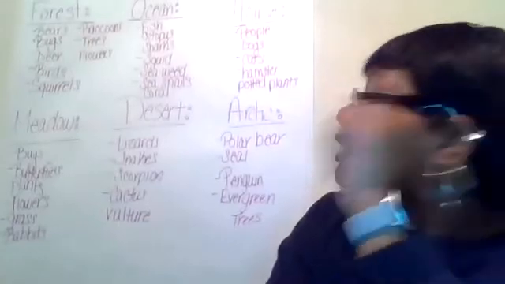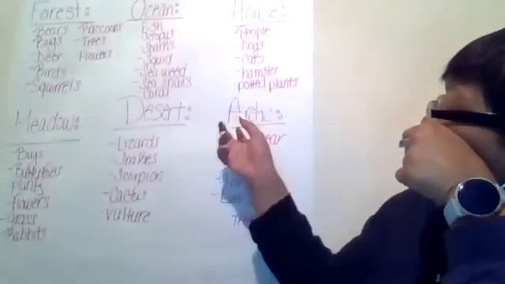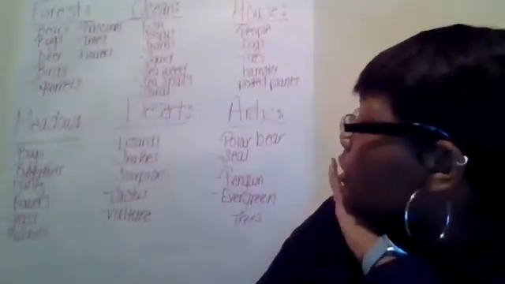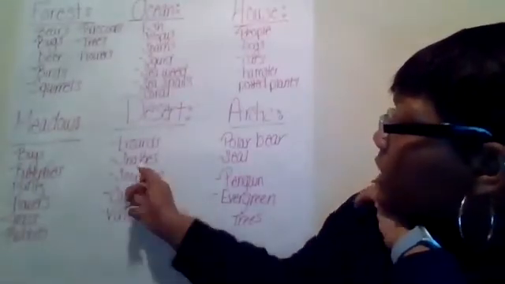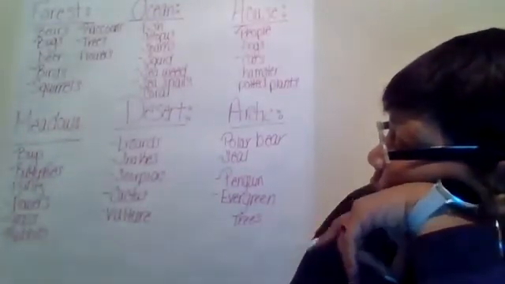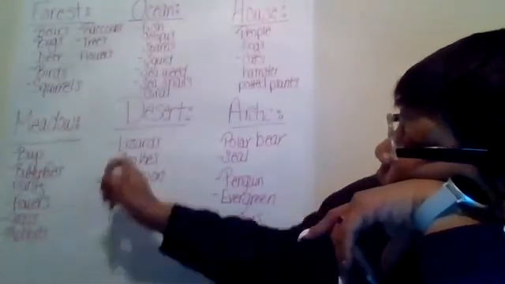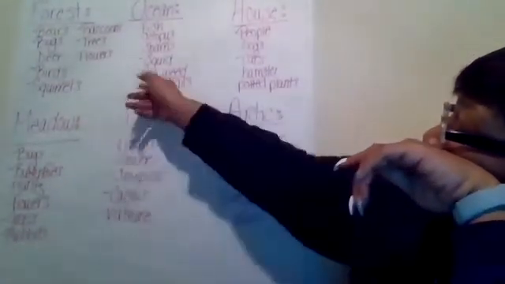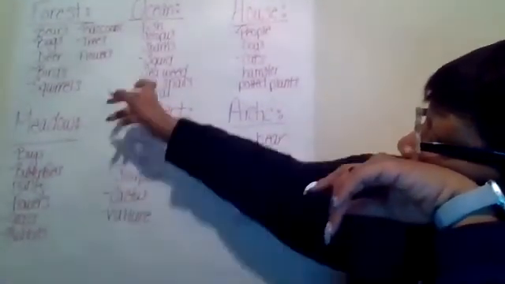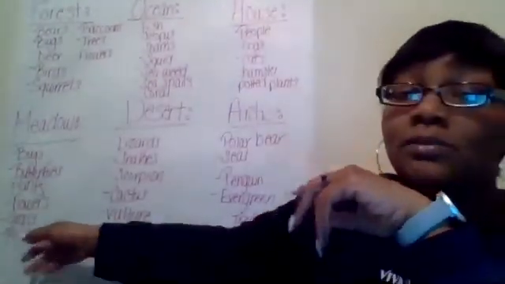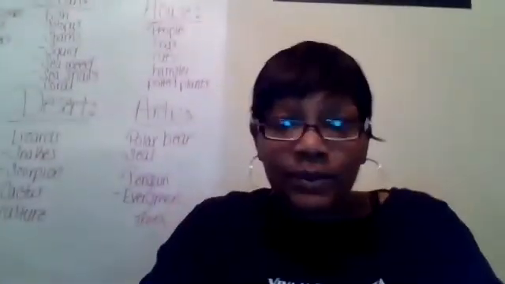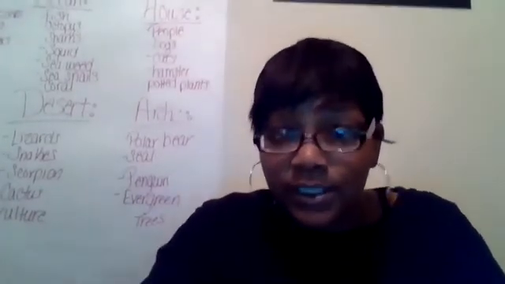So let's think about some of these different animals here. What would happen if we took this polar bear out of the Arctic and put it in the desert? Or if we took this lizard out of the desert and put it in the ocean? Or if we thought this seaweed could grow in this meadow? What would happen if we tried to make all these different changes?